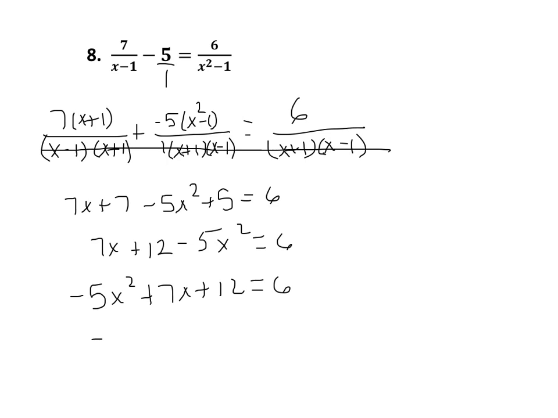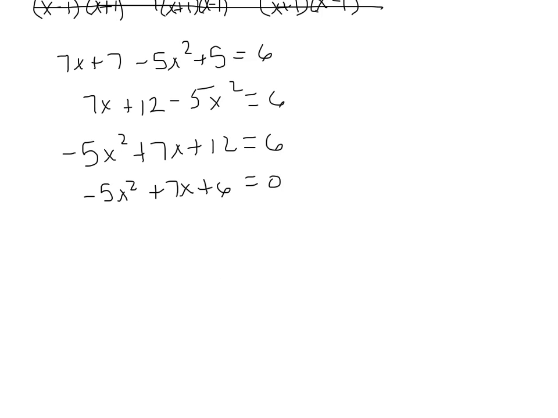Subtract the 6. Now, the next thing I'm going to do is divide everything by negative 1, because I hate when the a is negative. So divide everything by negative 1, so you get 5x squared minus 7x minus 6 equals 0.